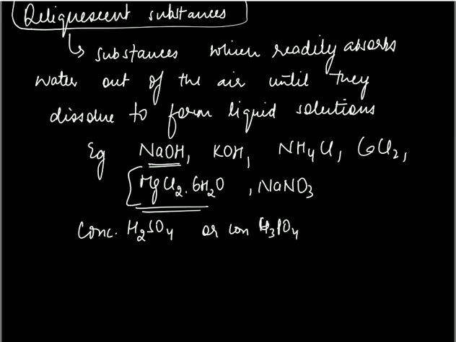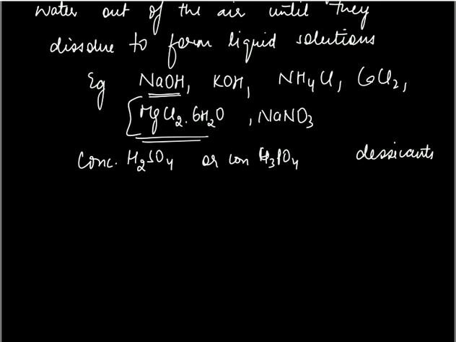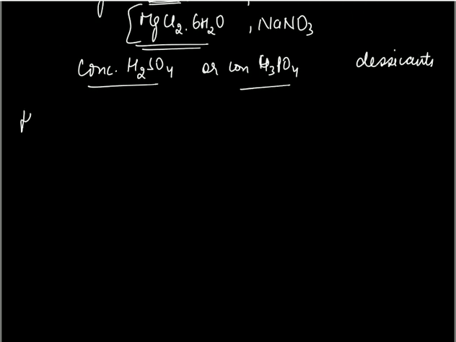They actually belong to a category we call desiccants, right? Then we even have a term hygroscopic substances. Even concentrated H2SO4 and concentrated phosphoric acid, even concentrated NaOH can be called a hygroscopic substance. So hygroscopic.